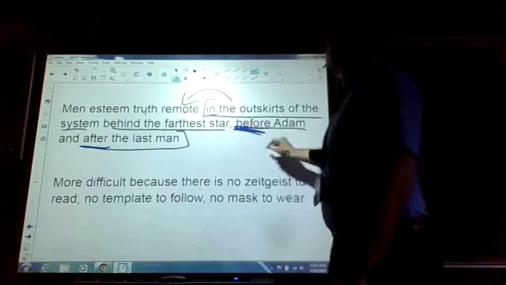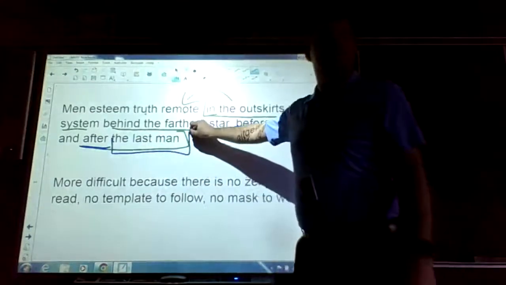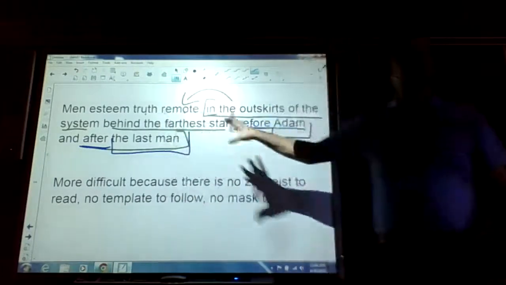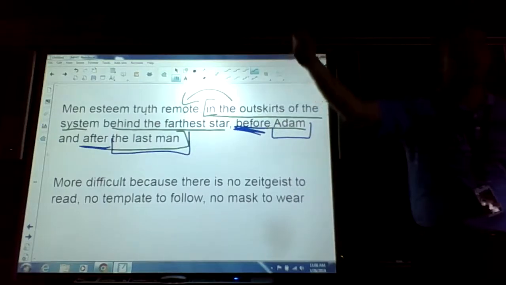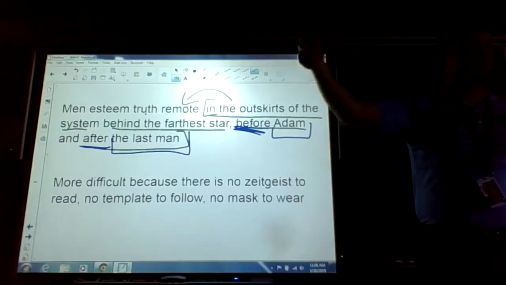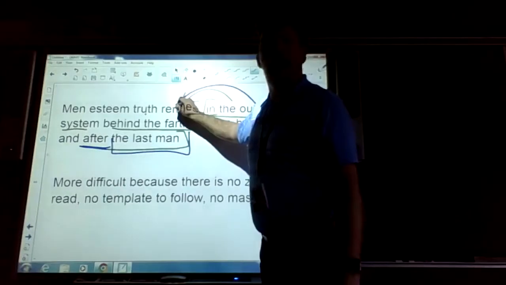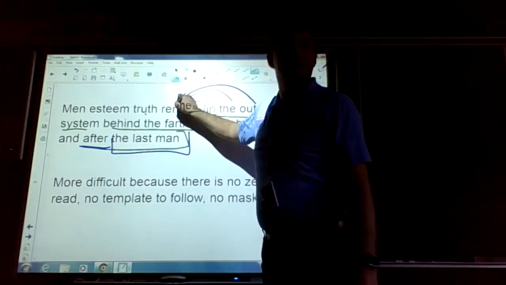We have before, and then we have something. We have after, and then we have something. So all of this parallelism is being used to emphasize, connect, or contrast. It's emphasizing. What is this all emphasizing? How remote something is. Does that make sense?